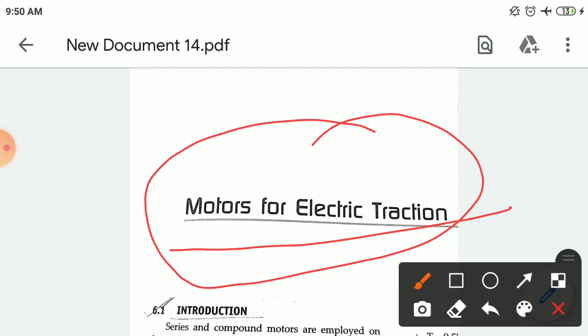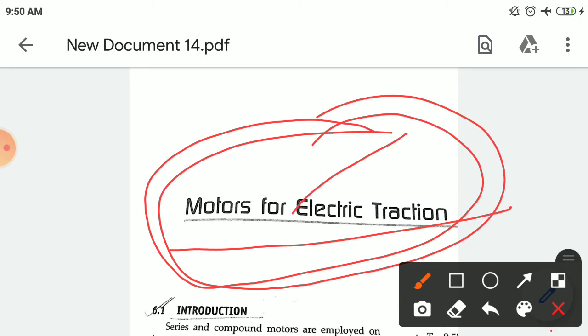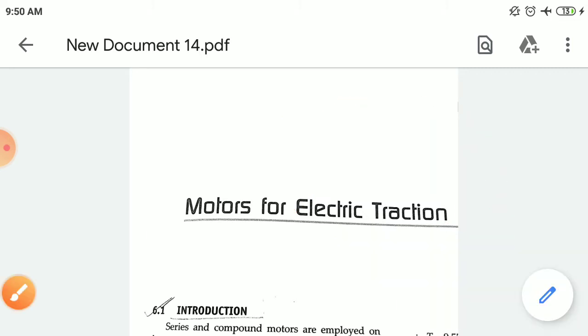Here the service conditions are extremely severe, so the motors have to conform to a robust design. There should be a robust design of the motors, because they should run on all types of roads. There is wear and tear, and various parameters come into existence.